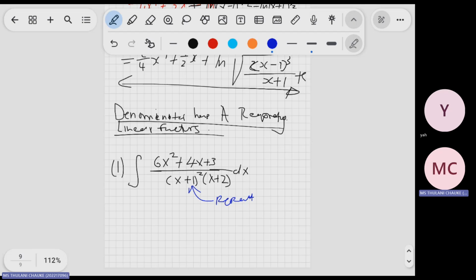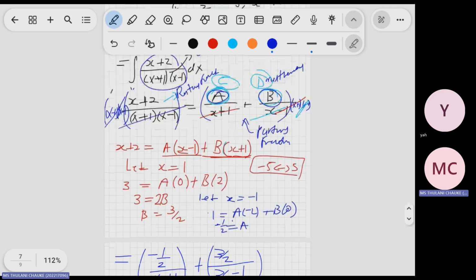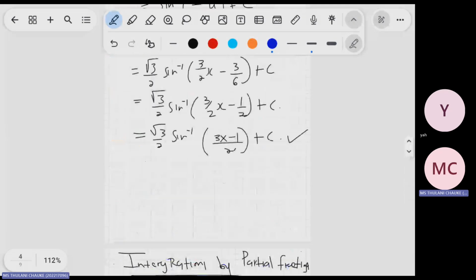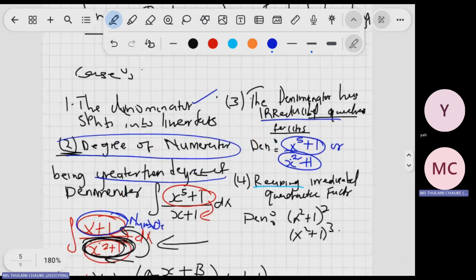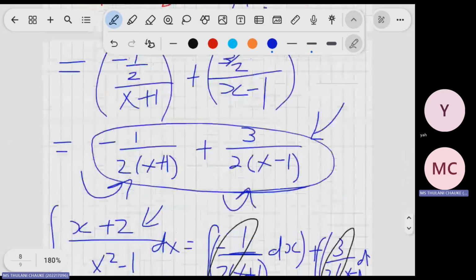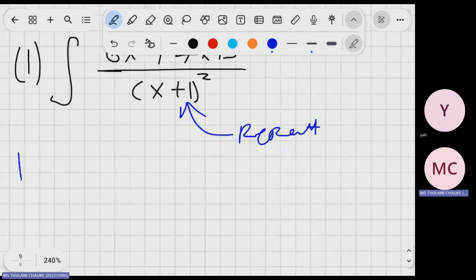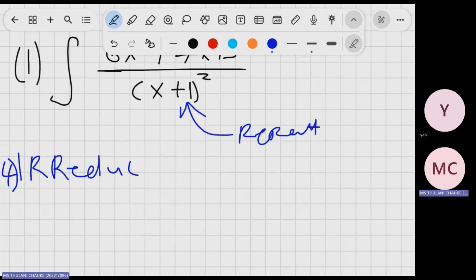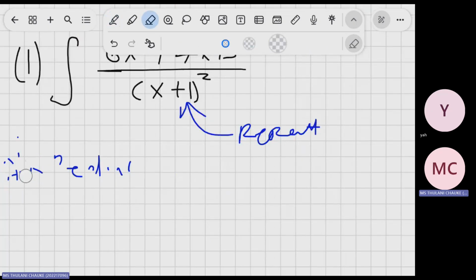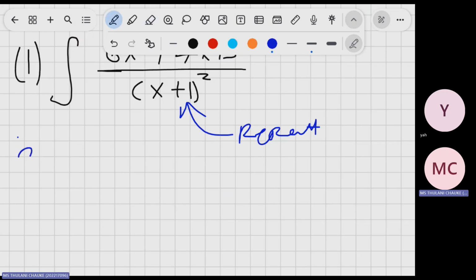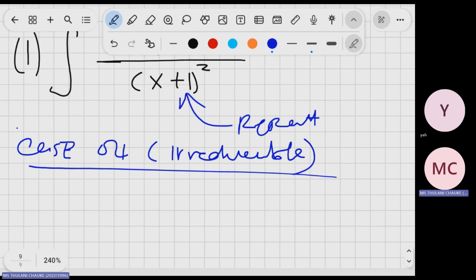And let me write the question whereby you have repeating irreducible factors. So let's say you are given an integral.